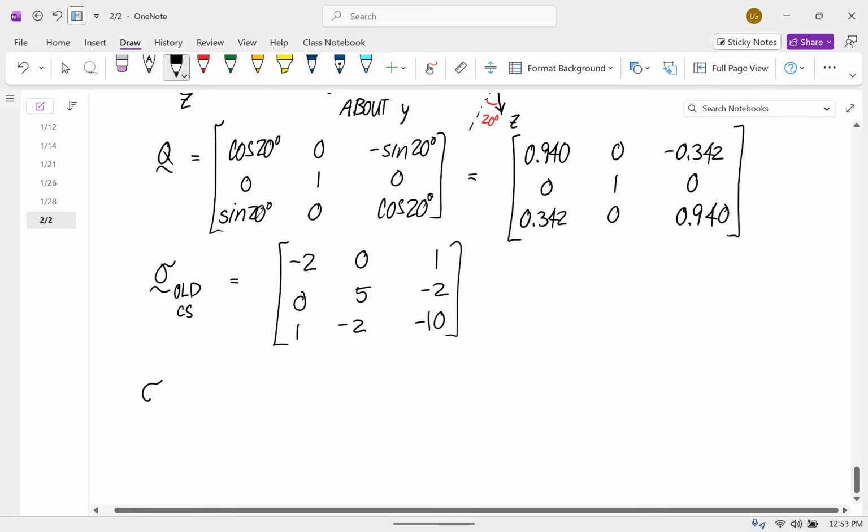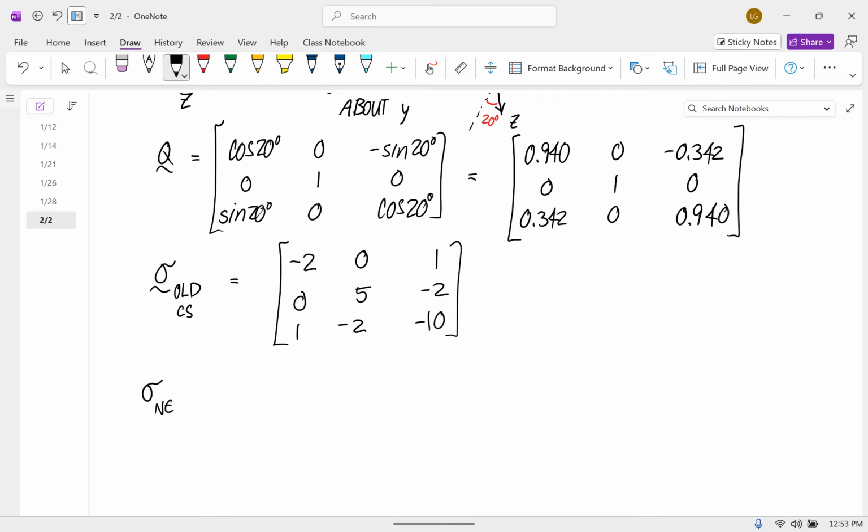And so then in our new coordinate system, it's going to be Q times this times Q transpose.